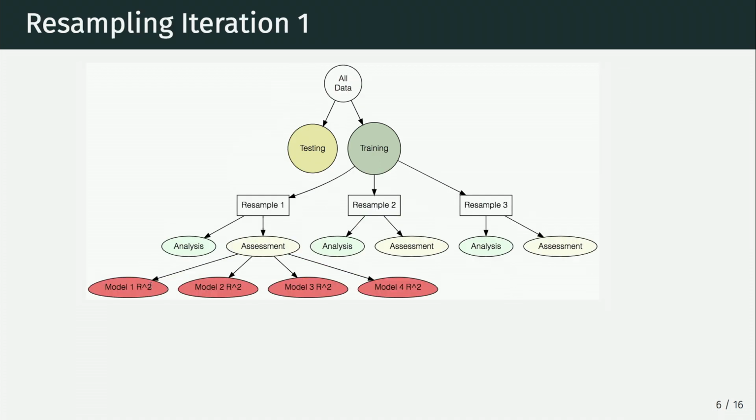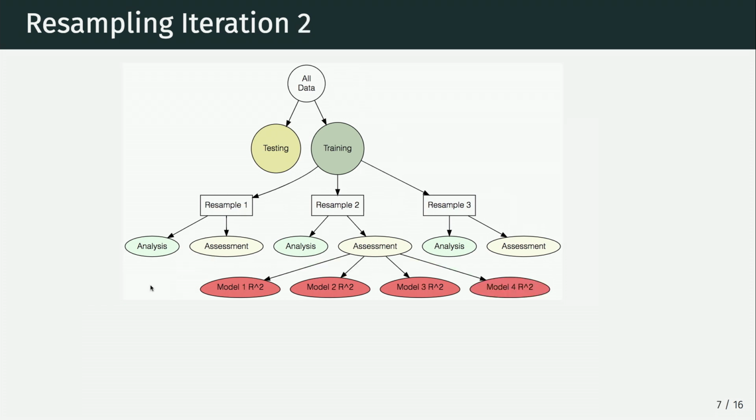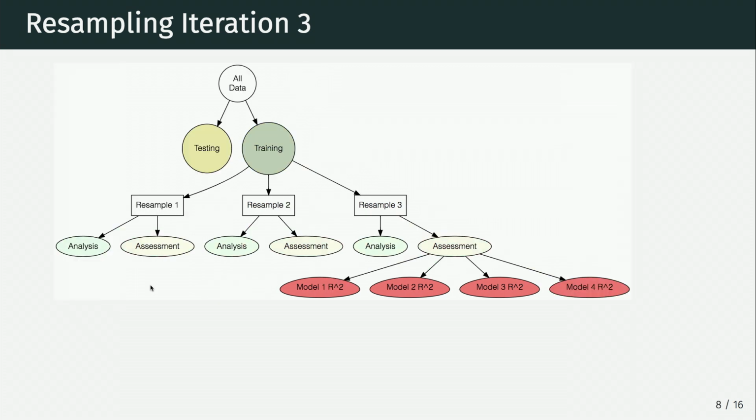The second iteration of resampling, you get 4 different estimates of R-squared, all based on the assessment set, and so on. So you go round robin, and your overall estimate of performance for the first model would be the average of those R-squareds across all the resamples.